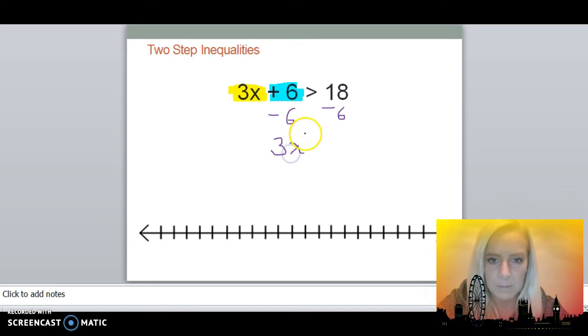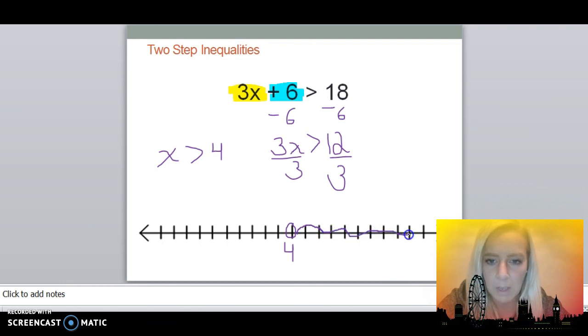So 3x is greater than 18 minus 6, which gives me 12. My last step, the inverse operation of multiplication is division. So I'm left with x is greater than 12 divided by 3, which is 4. So I'm going to graph 4. I'm going to have an open dot at 4, and x symbolizes all the values that are greater than 4.